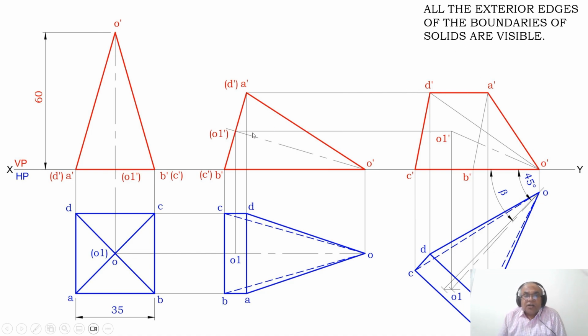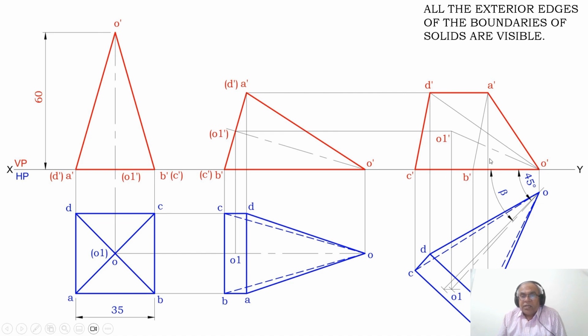Similarly draw a horizontal projector from O1 dash from the second position front view and draw a vertical projector from O1. So these 2 lines are going to intersect at this point. You mark that point as O1 dash, then join O dash O1 dash with a thin line. Similarly draw a vertical projector from C and B to the XY line. So mark those 2 points as C dash and B dash, then join.